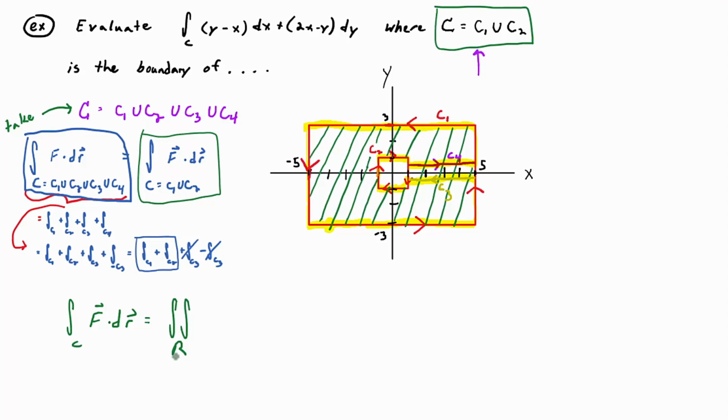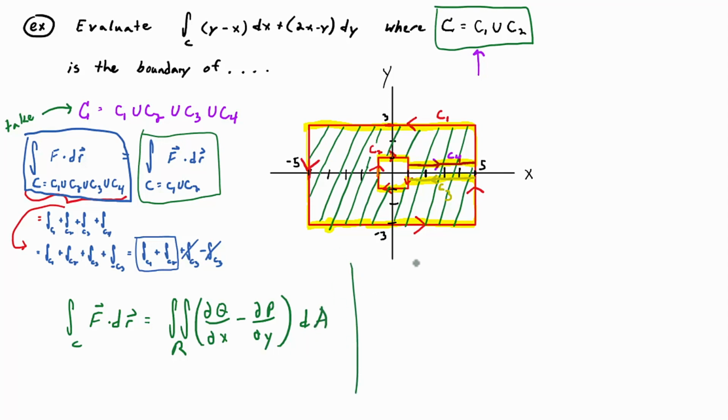The way you can draw it without lifting your pen, the region is on the left. C does enclose it in a kind of weird way. Of dQ/dx minus dP/dy dA.